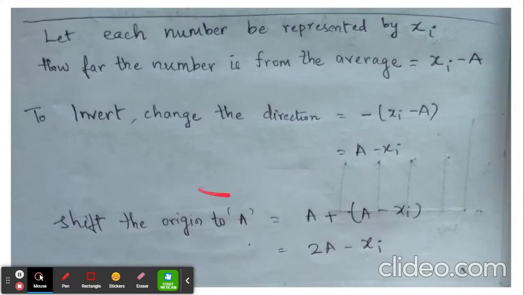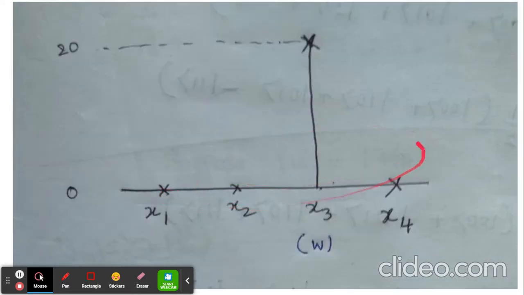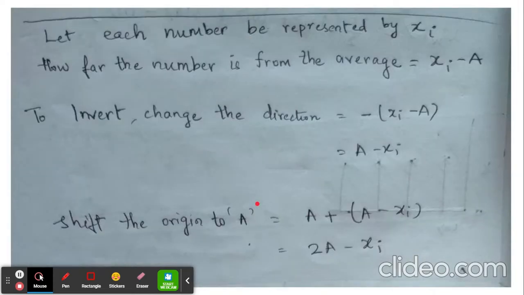The same idea is used in superposition, and we'll see how soon. What happened precisely was, we'll say each number is xi, and you see how far each is from the average a, which gives xi minus a. Because you want to invert, you change the sign, and it becomes a minus xi.